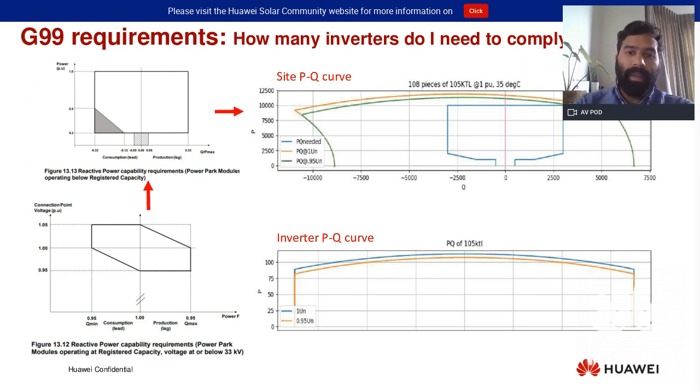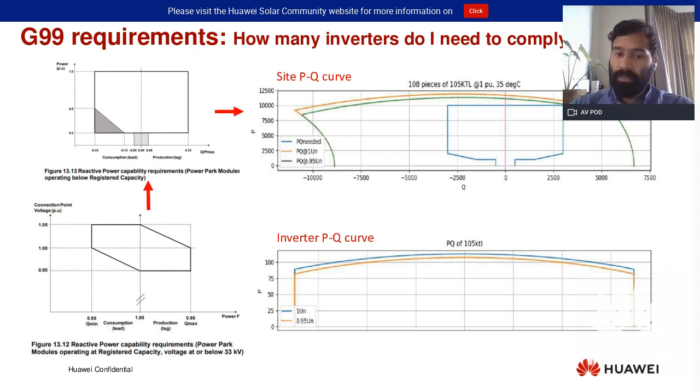So the DNOs and the TSOs, they're asking generators to provide more support capabilities with their sites, mainly through reactive power, for example, in order to do some voltage support. The reactive power, it is very important to understand that the compliance is at the connection point, it is not at the generation point. So, for example, you have here a curve of the inverter, a PQ capability curve of one of our inverters.